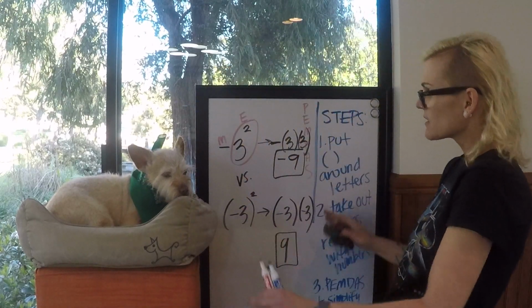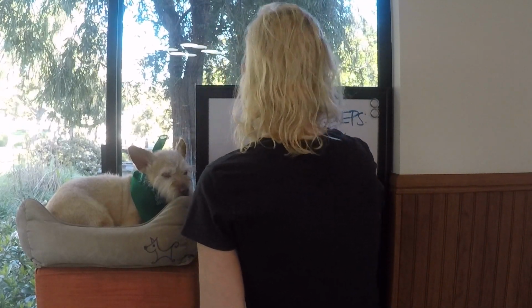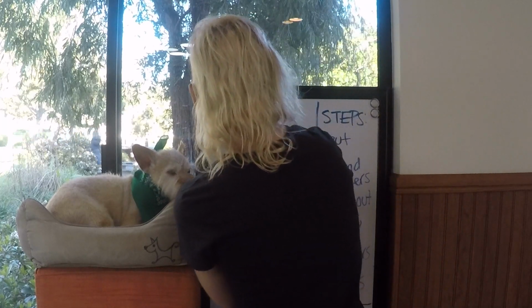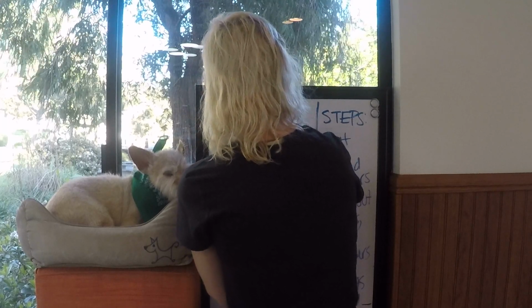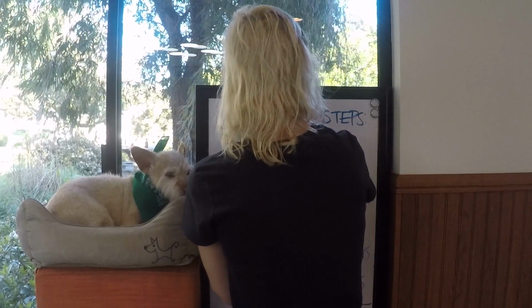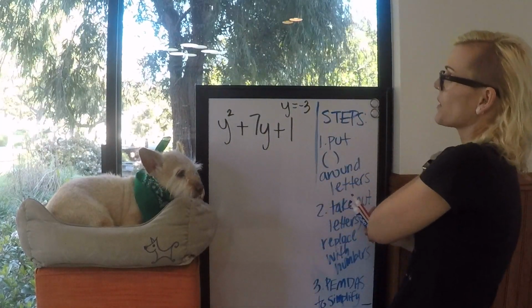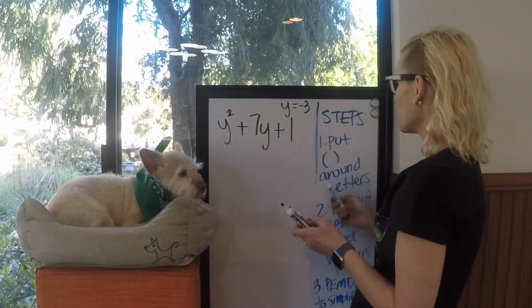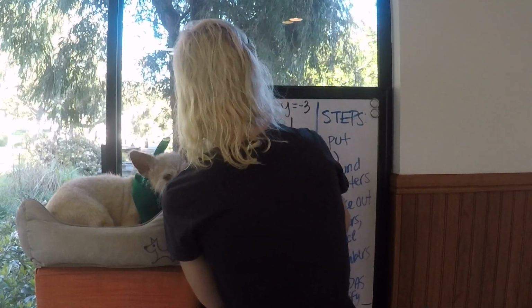So, keeping this in the backs of our minds, let's do the next and last problem in this video. Okay, and that is this one. So I have y squared plus 7y plus 1. And we're going to be substituting in, or evaluating, when y is equal to negative 3. Okay, so rule: put parentheses around your letters.